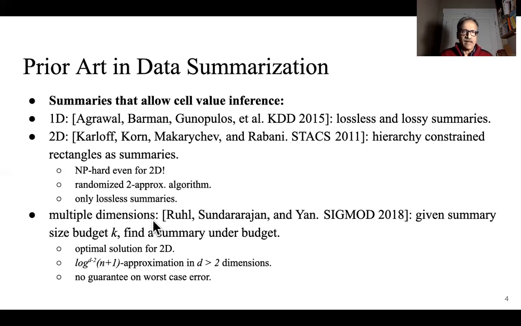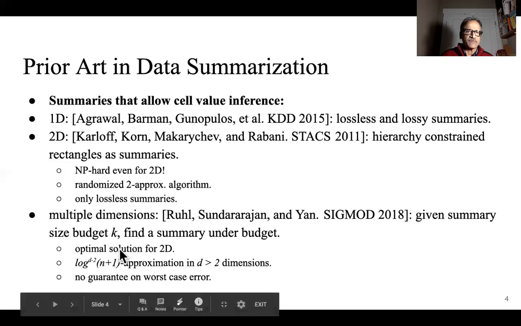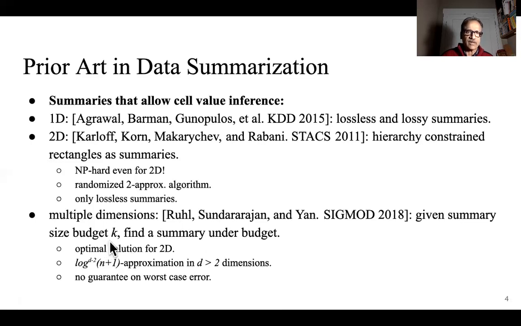From a different angle, Rule et al. from SIGMOD a couple of years ago looked at this problem and proposed an algorithm called cascading analysts. The way it works is that given a size for the summary, which you can think of as a size budget for the summary that you're looking for, it finds the best possible summary under some criteria.